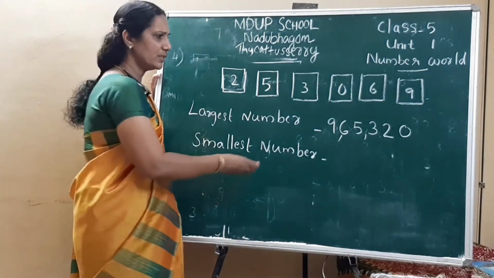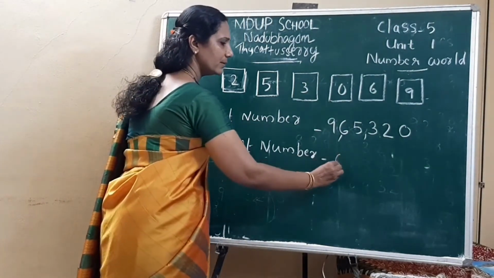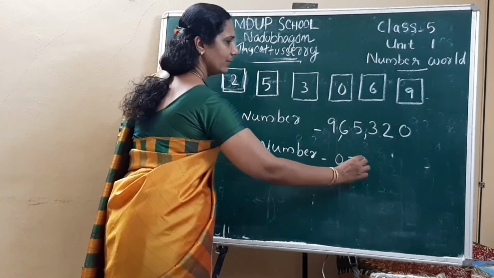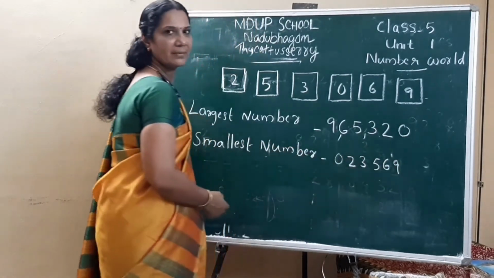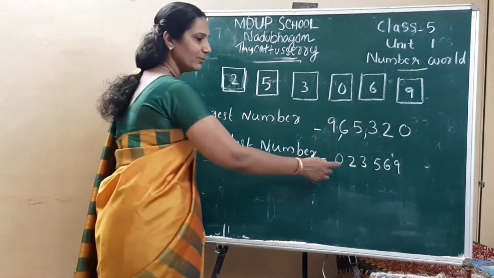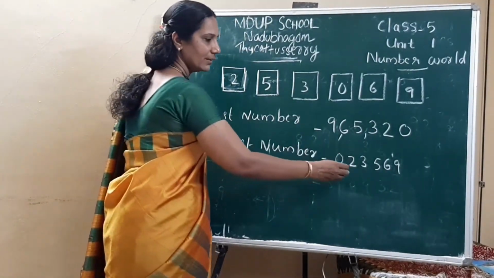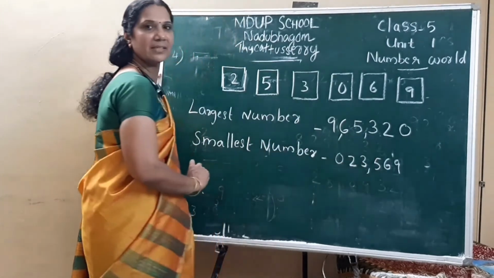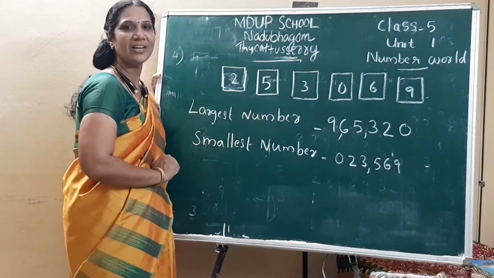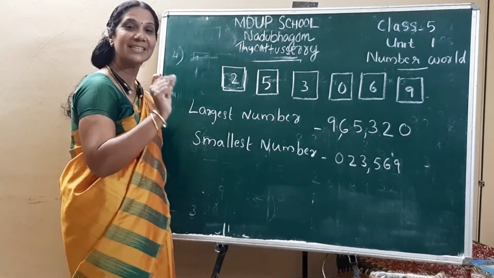If you start with 0, then 0, 2, 3, 5, 6, 9. Then can you read this number? We can read it only as 23,569. That will become a 5-digit number. But you want to write a 6-digit number.